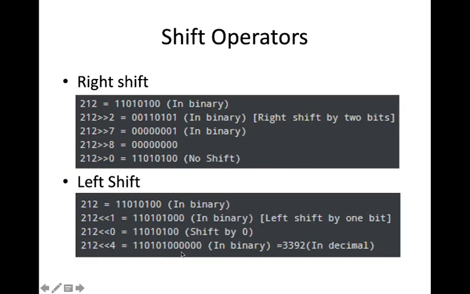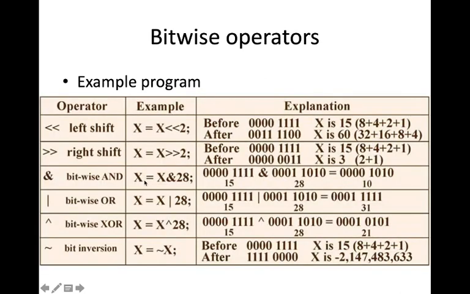We will see in the example what happens when we do these operations. Then you will understand. We will get the result 3392 in decimal if we shift like this. So this is what shift is: just shifting the bits. If we say 1, we shift just 1 bit to the left. So that is the right shift and left shift operator.